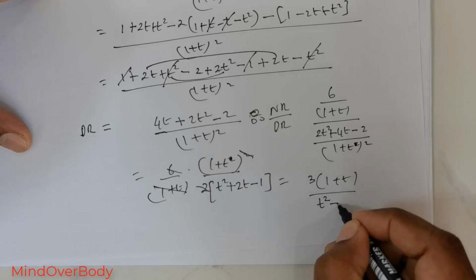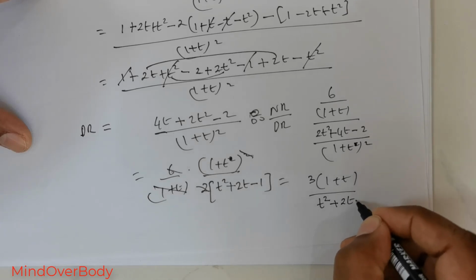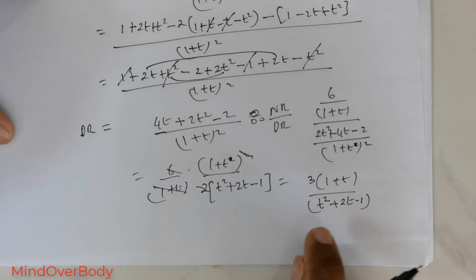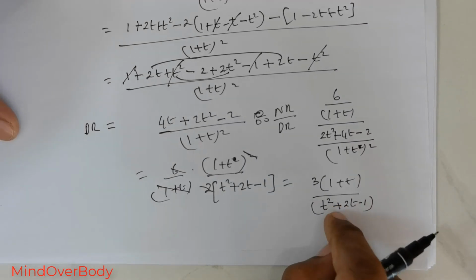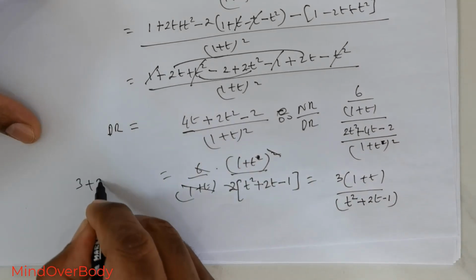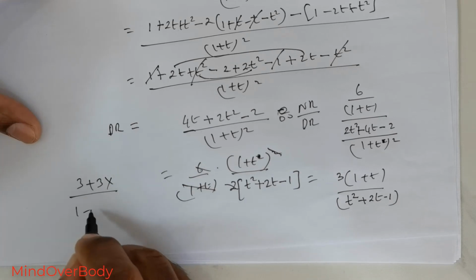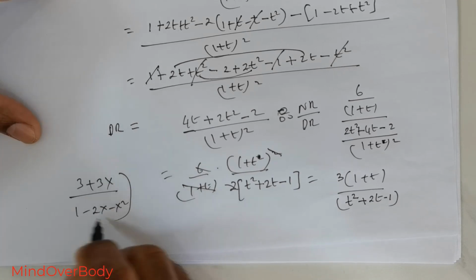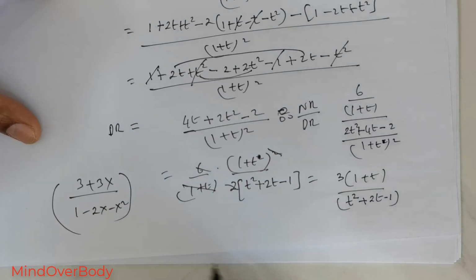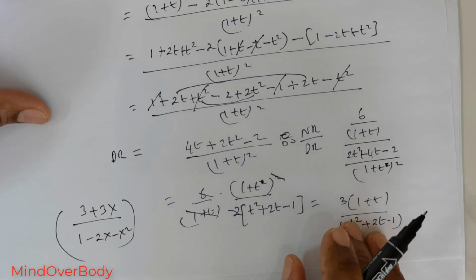So t² + 2t − 1. And what is this? This is nothing but (3 + 3x) divided by (1 − 2x − x²). This is what we've got. So we need to have this in one corner. We will have to come back to that.